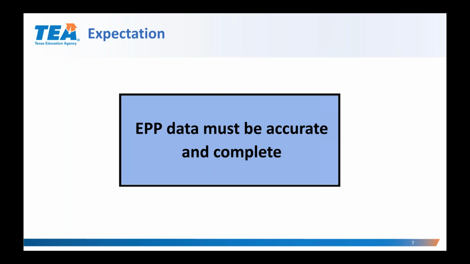As such, the expectation is that the data and EPP reports must be an accurate representation of the EPP activities. To reinforce the expectation of accuracy, the EPP legal authority signs an attestation of accuracy verifying the data submitted by the EPP each year.